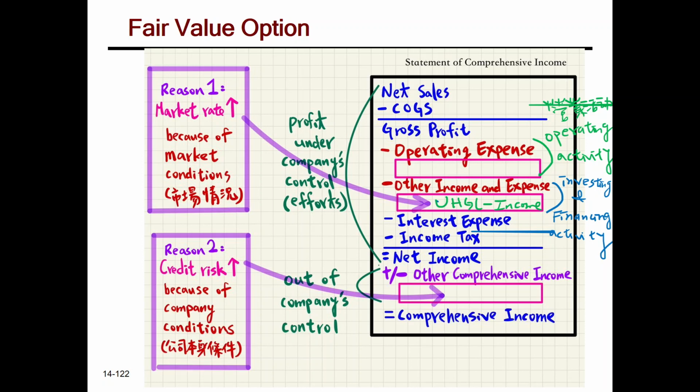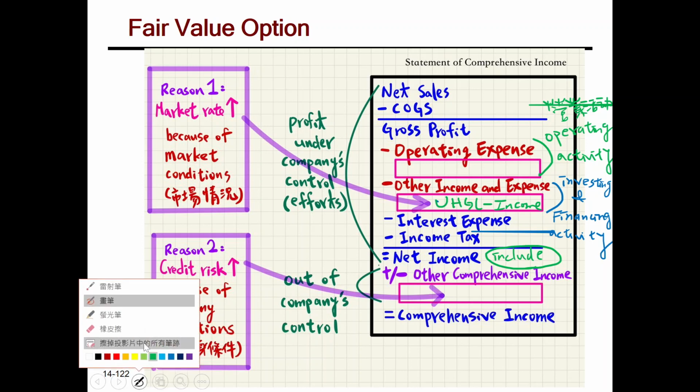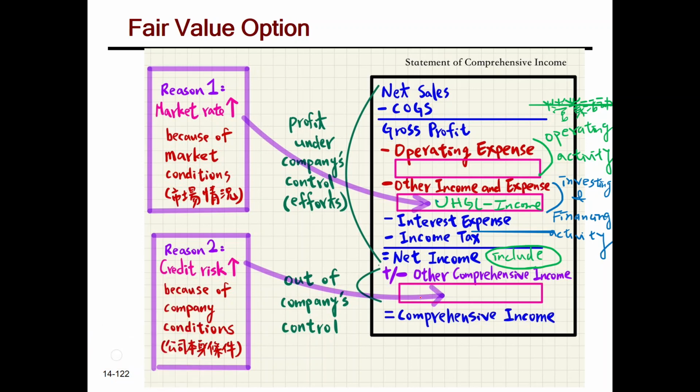So you will include that $20,000 from case 1 in your net income.